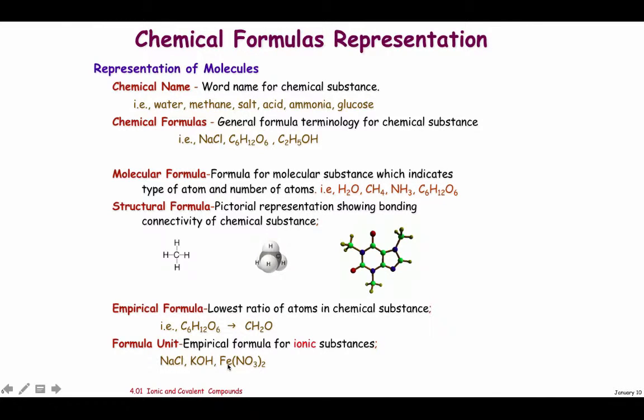So it takes 1 iron to combine with 2 nitrates, and so the ionic formula, or the formula unit, is Fe(NO3)2. So these are the different ways we represent chemical formulas.